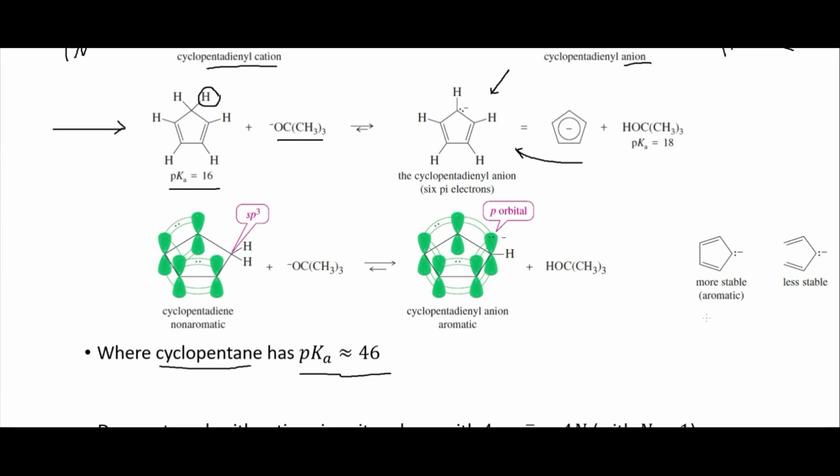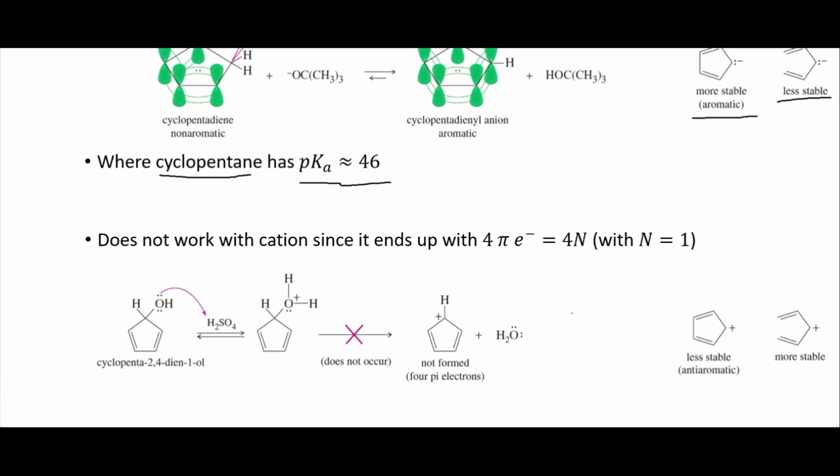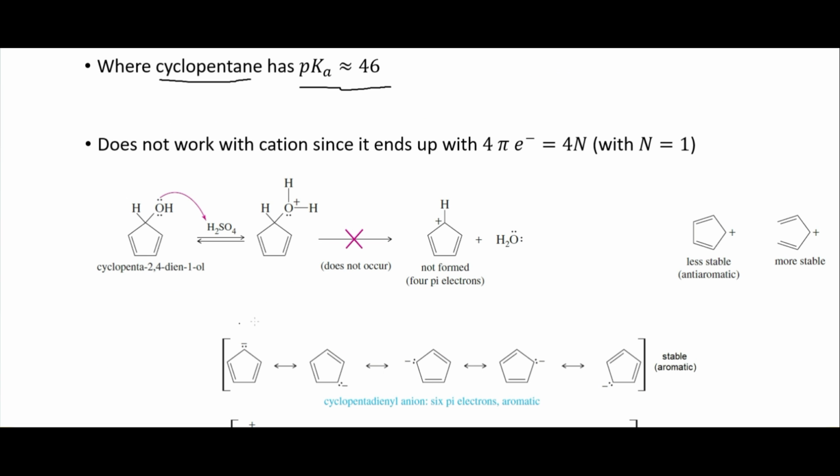And we can also see that with the cyclopentadienyl anion the ring form is more stable than the linear version, and so that's another reason that we know that this is actually aromatic. Now, if we look at the version of this with the cation, the cyclopentadienyl cation, we see that this reaction does not actually occur, because once we protonate this alcohol on here, it's not going to want to leave, because that will make this anti-aromatic version of the ring right there.